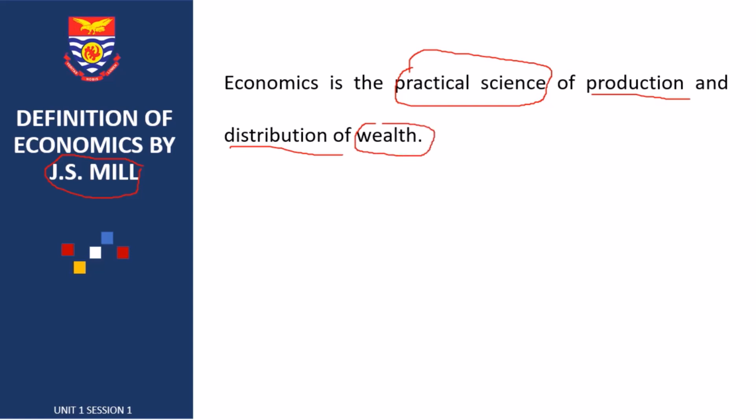Now we can see some similarities between the definition of J.S. Mill and Adam Smith. They both make mention of wealth. J.S. Mill says that economics is the production of wealth and the distribution of wealth. So you should be able to produce and distribute wealth accordingly.